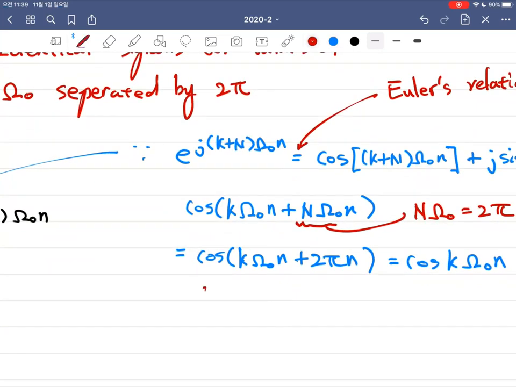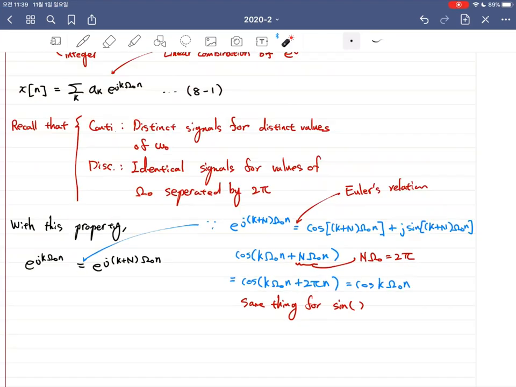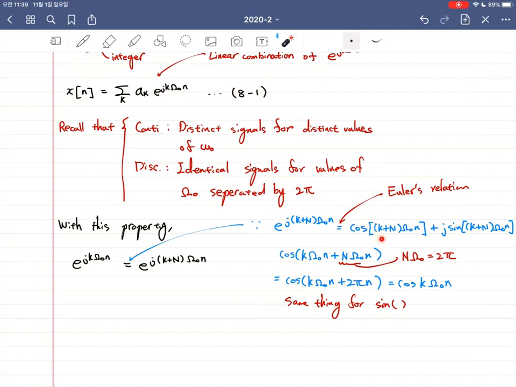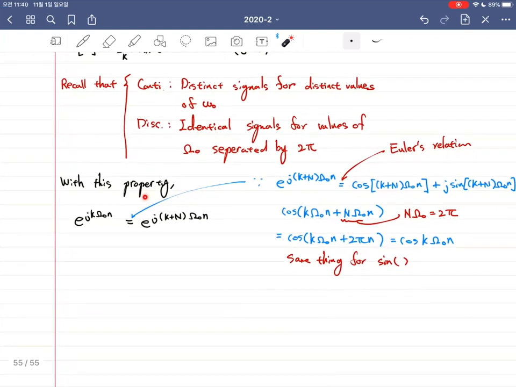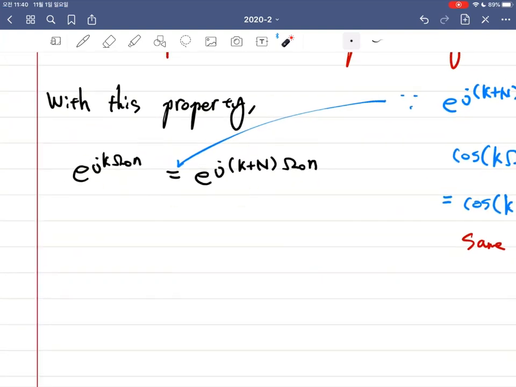And I can do the same thing for sine, but I'm not going to repeat that because it's just a waste of the page and our time. So if you do the same thing for the cosine and the sine, then I will have cosine of k omega 0 n plus j times sine of k omega 0 n, which is the exponential of j k omega 0 n. So with this property, I can form this relationship.